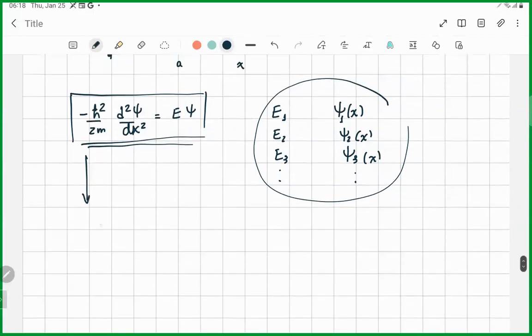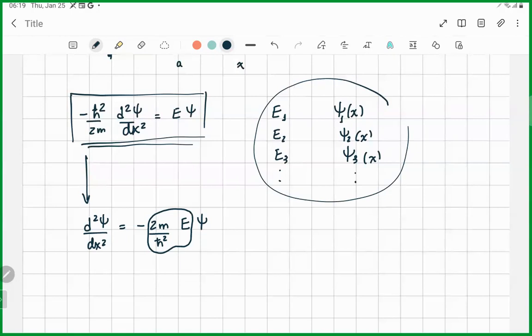Let me rewrite this equation in another form. Let me keep on the left side only the second order derivative, and on the right side I'll put everything else. So there will be minus 2m divided by h bar squared, energy, and psi. Just to simplify our lives, instead of writing the mass, the h bar, and the energy, let me substitute this whole constant with a certain symbol.